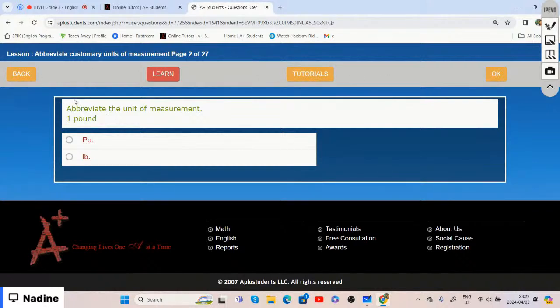We need to abbreviate the word 1 pound. Is a pound PO or is a pound LB? We need to abbreviate pound.